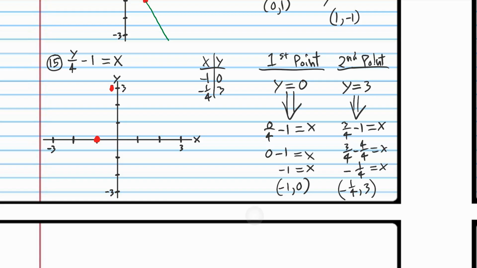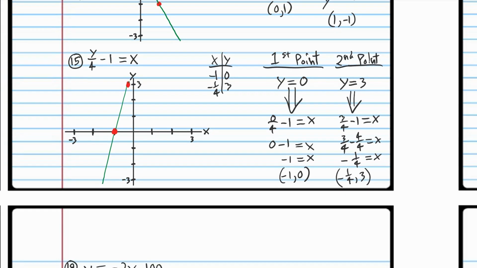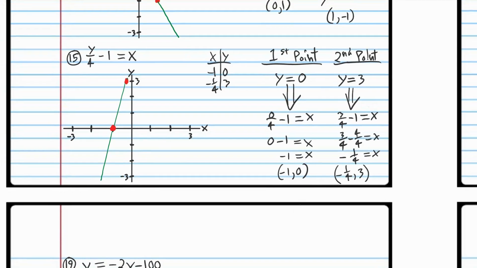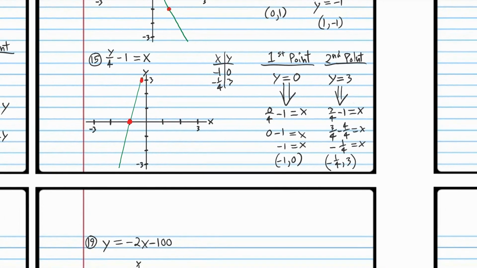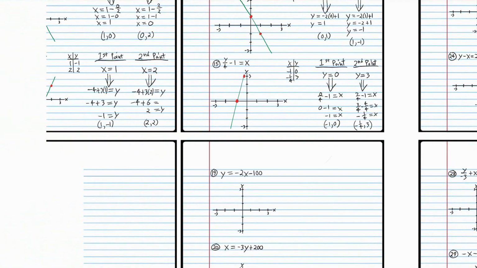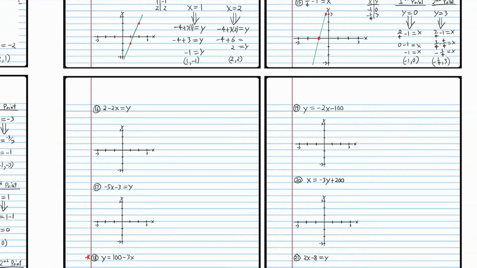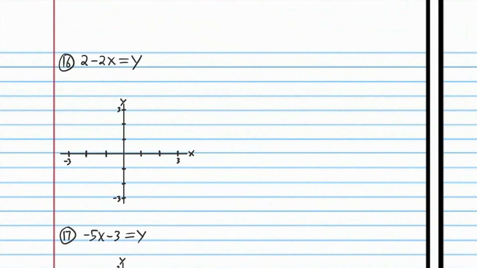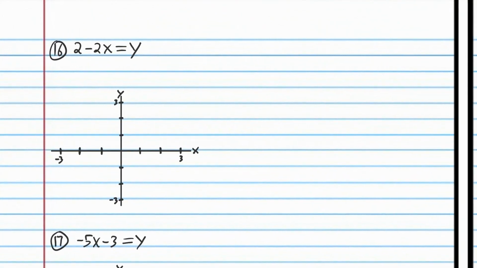All right, and then connect the dots. So if you got that graph, good job. Again, you may have chosen to change the scale, but the graph should look relatively the same. All right, so why don't you try number 16, and when you come back, we'll do it together.